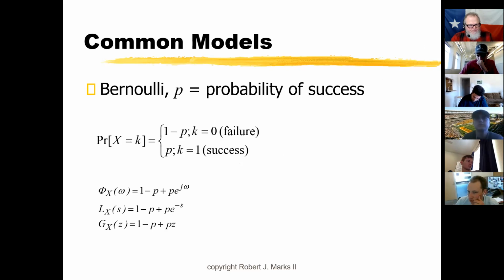So let's look at the characteristic functions of some of the common models of probability. Now, don't forget, if we have a discrete random variable, we denote the probability mass with Dirac deltas.